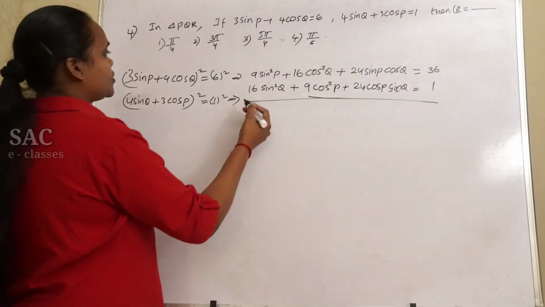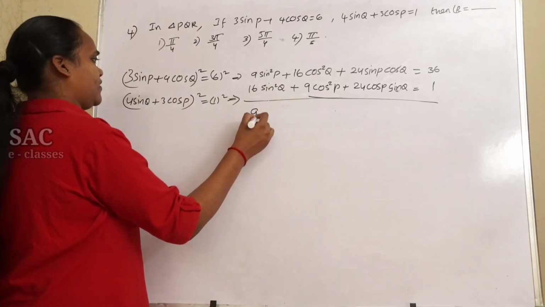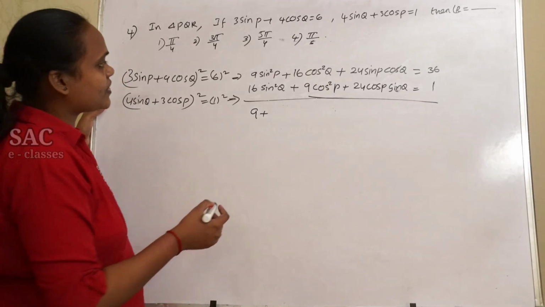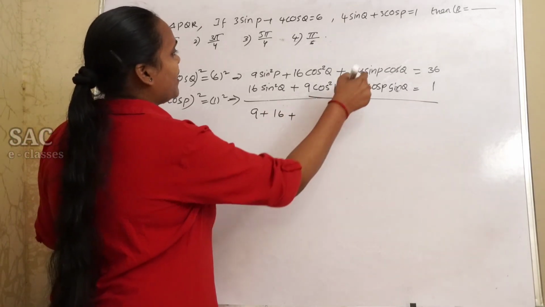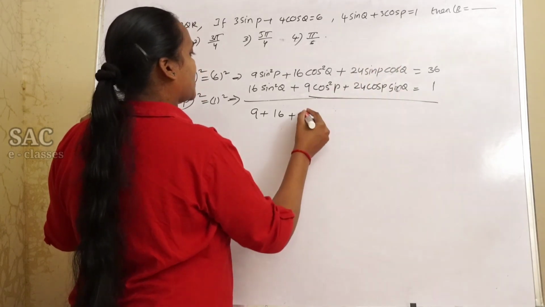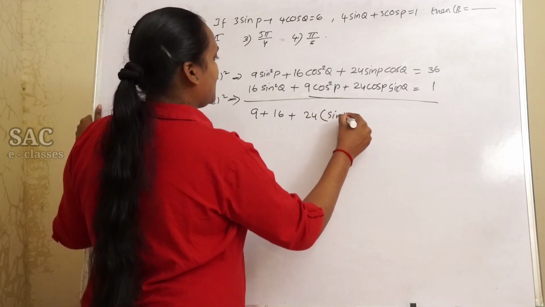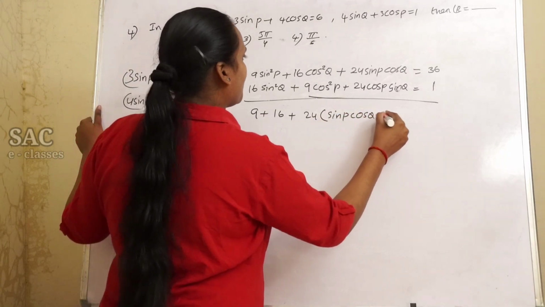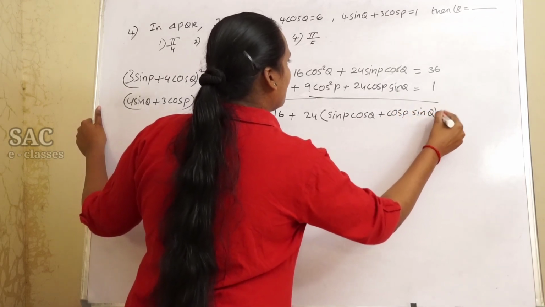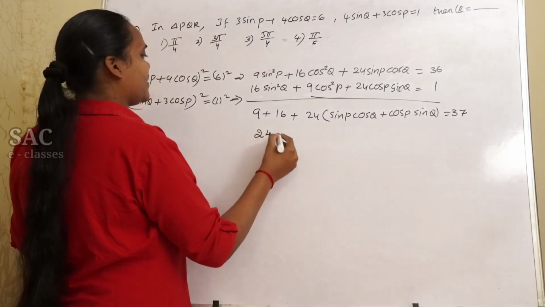Now by adding these two, you get 9 sin square P plus 9 cos square P, which gives 9. 16 cos square Q and 16 sin square Q give 16. Then 24 sin P cos Q plus 24 cos P sin Q. Take 24 out: sin P cos Q plus cos P sin Q is equal to 37. Let us simplify.